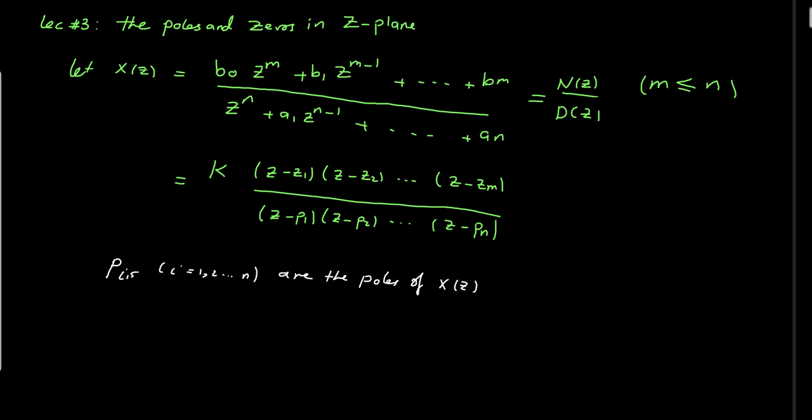And the zi, where i equals 1, 2 until m, are the zeros of X(z).